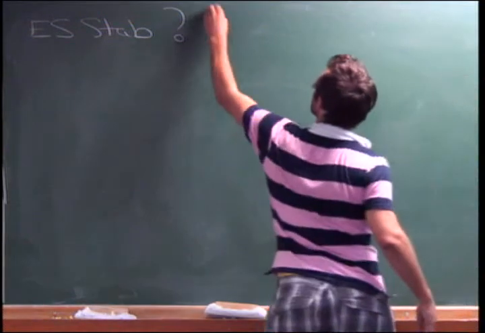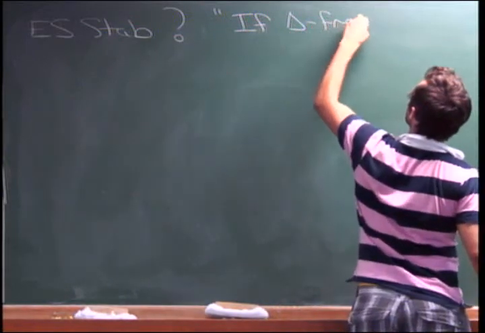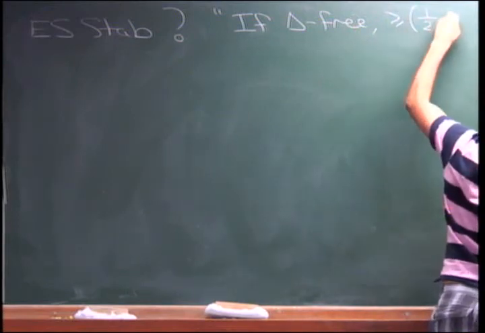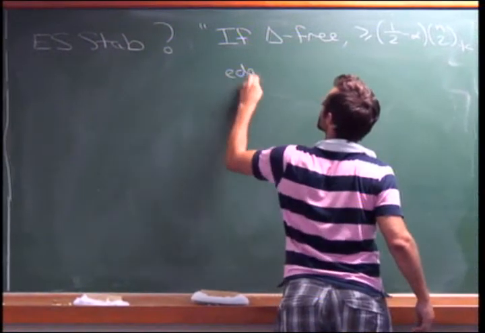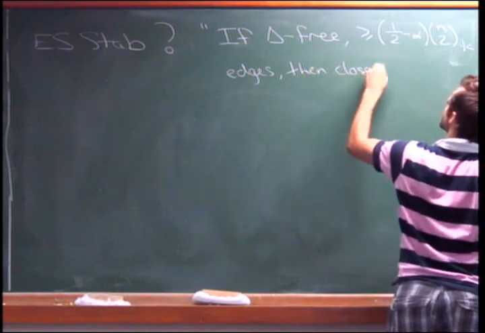Something like: if triangle free, with at least a half minus alpha of the edges, then close to bipartite.